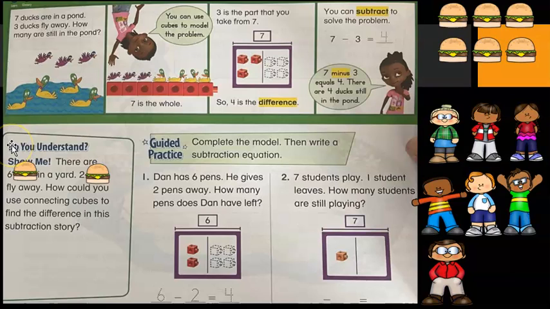Okay, let me read it to you. Do you understand? Show me. Let me read this to you. Pay attention. There are 6 hamburgers in a yard. 2 hamburgers fly away. How could you use connecting cubes to find the difference in this subtraction story? Now, let's come back up here.